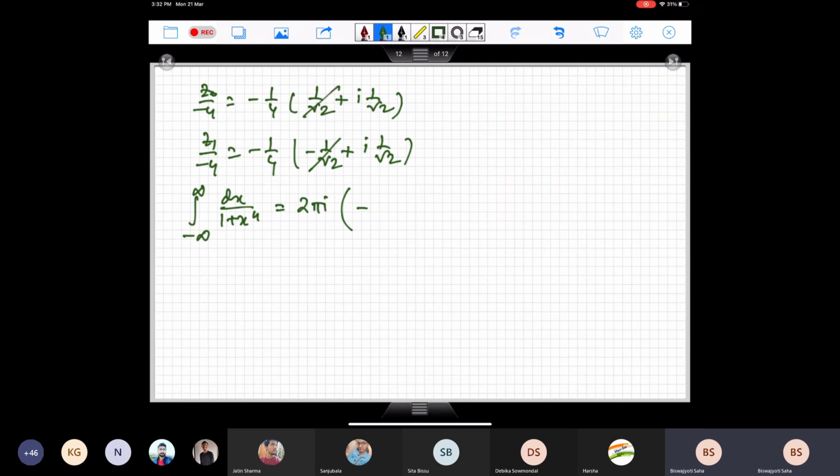So I get minus 1 over 4 times 2i by root 2, if I am not mistaken. So here 4 gets cancelled, and i squared is minus 1, so I get pi by root 2. Check if I have done it correctly or not, but I seem to be getting pi by square root 2. So this is one type of integral that I have done.